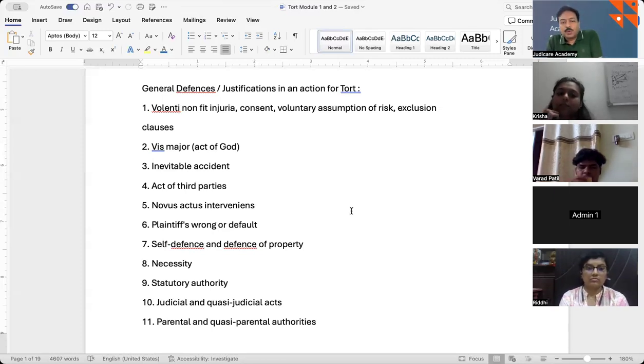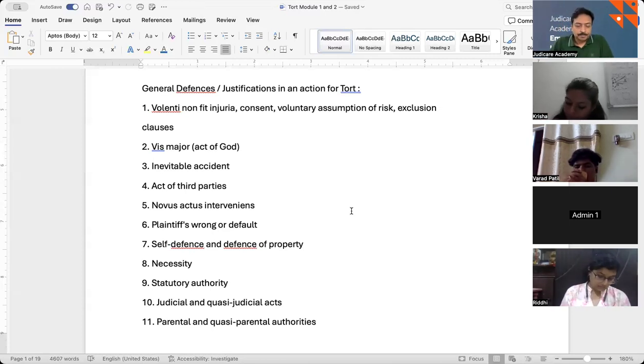Then judicial and quasi-judicial acts is another defense. Judicial and quasi-judicial acts are actions taken by judges, which is judicial, or authorized bodies that have legal authority. These actions carry an immunity from liability for tort if conducted within the scope of their lawful duties and without malice.